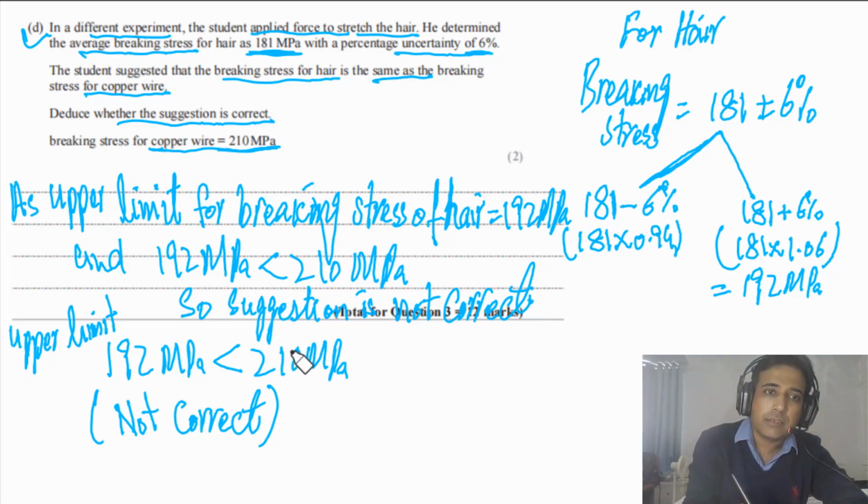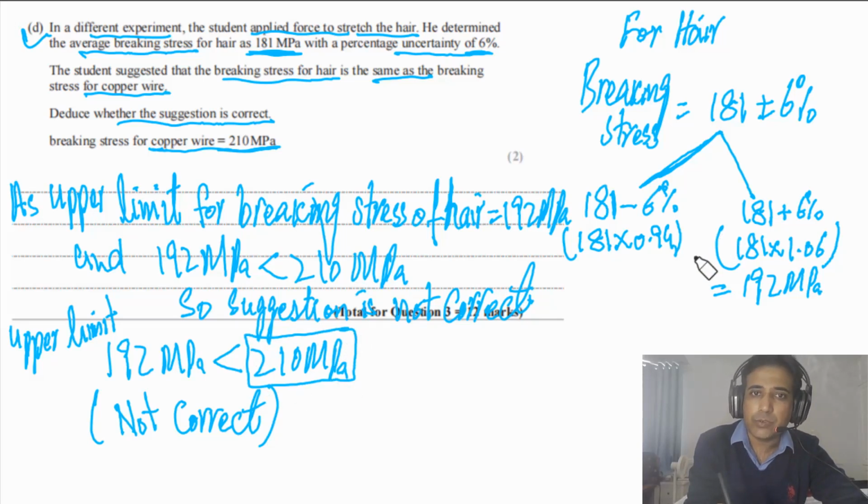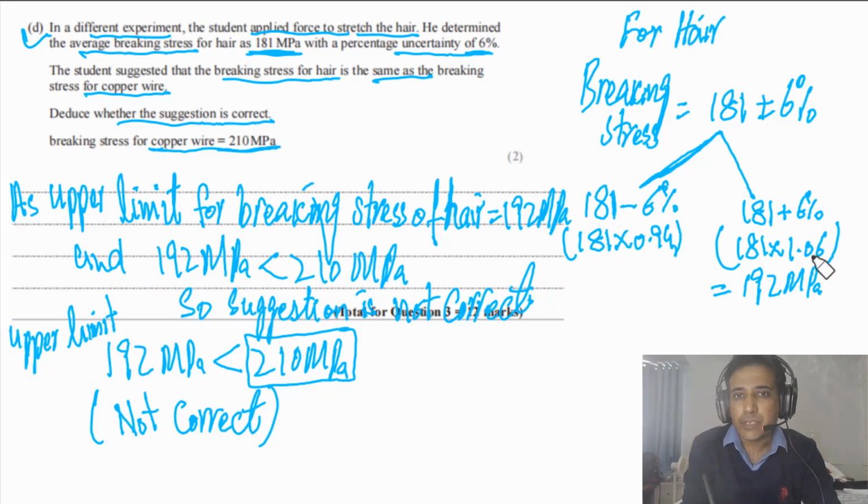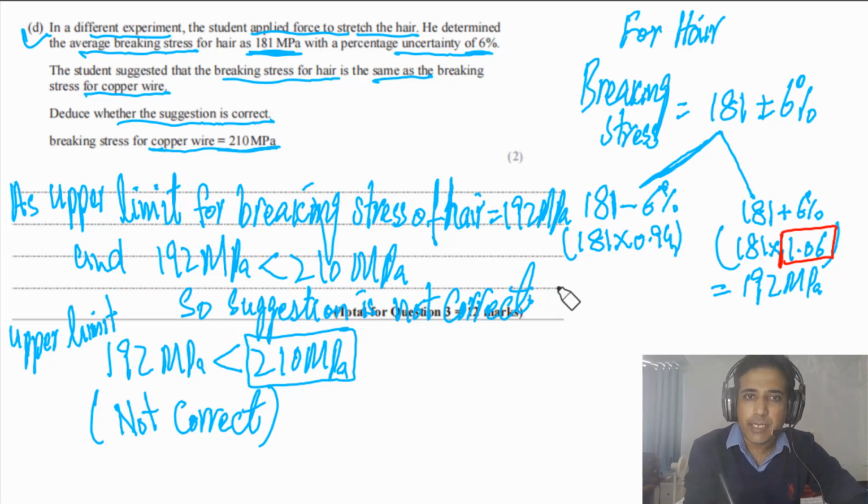In this case it is not correct because this value is not in this range, so it is incorrect. Some students asked me before, why do I multiply with 1.06? Let me explain a little about this. We have 181 as 100%, plus 6% extra, so you multiply 181 by 0.06, which gives about 11, and the total is 192.